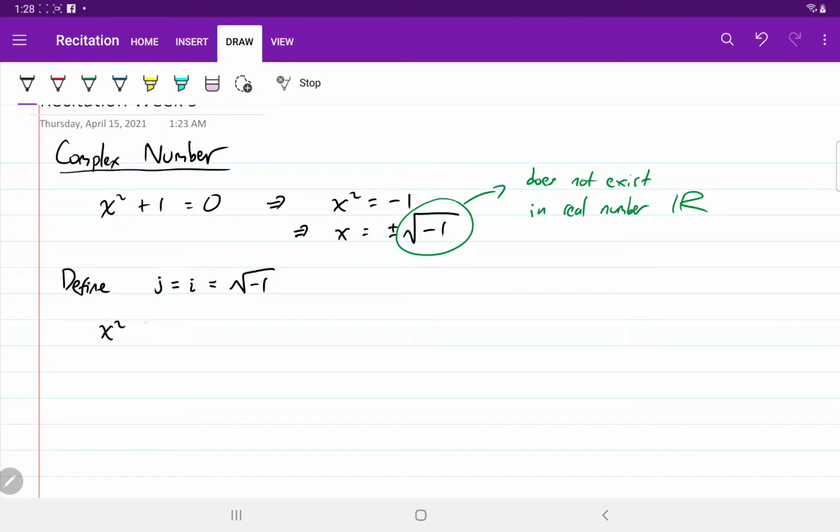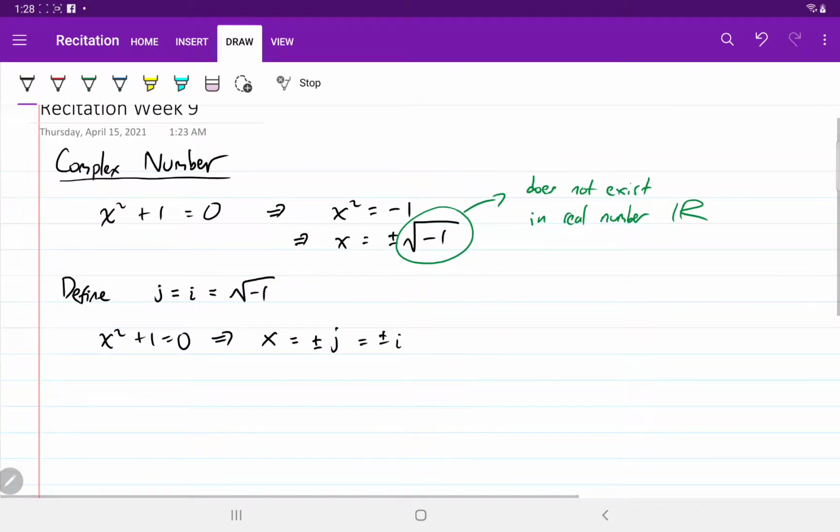So we know that x squared plus 1 equals 0, and the roots of this quadratic equation are plus minus square root of minus 1, which is plus minus j or plus minus i, right? Some people use j, others use i to represent the square root of minus 1.